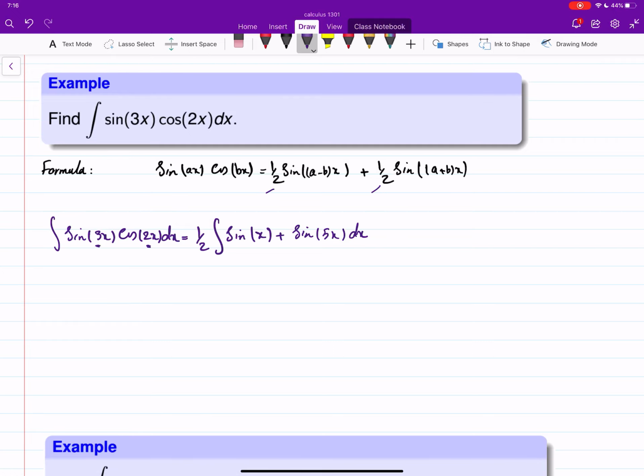And when you look at this integral, you say, oh, what happened? You still have two sines with different angles. Well, the main difference is that this is a sum of two sines, and I can use linearity of the integral and turn this into two different integrals.